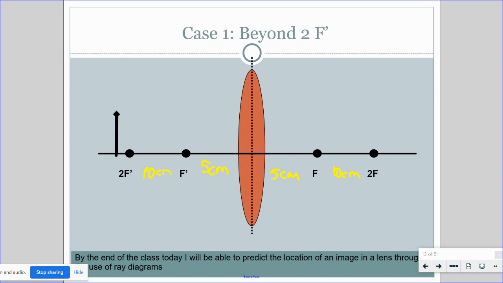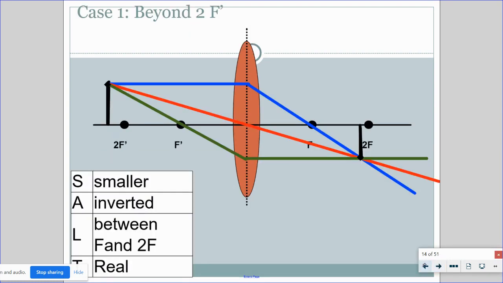I should say this is another 5 centimeters for a total to go here of 10 centimeters. Just so you don't think it's 5 and then another 10. It's a total of 10 to get to 2F. All right, so if we do our first rule, what the heck happened there?